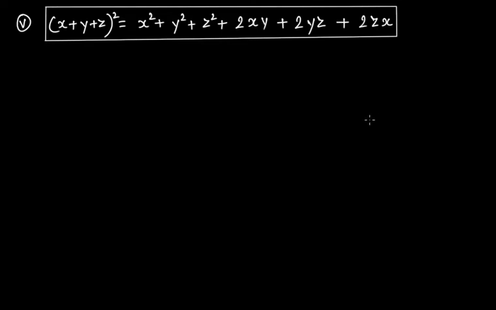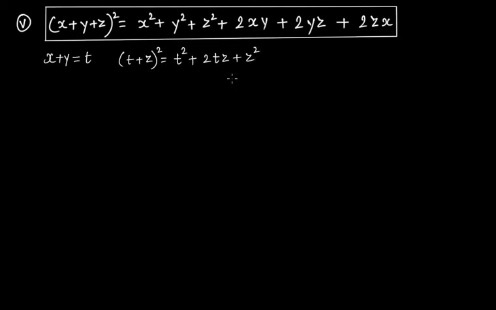Okay, now (x + y + z)². What we can do here is we can take x + y as t. So if you take x + y = t, then this algebraic expression is actually (t + z)², right? So from here you get t² + 2tz + z².